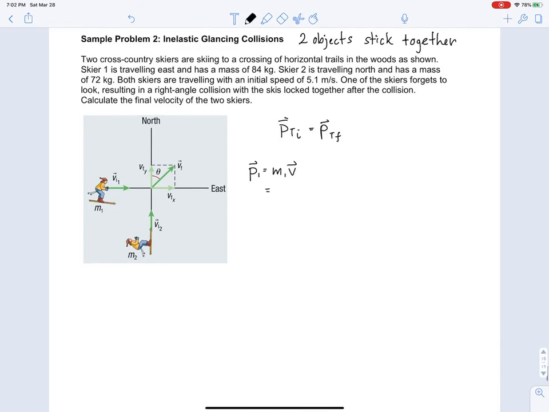We can sub and solve. 84 kilograms, that's mass number 1, times a speed of 5.1 meters per second in the east direction. If we punch this into our calculator, we get a momentum for object number 1 of 428 kilograms times meters per second east. I'm going to keep an extra digit.